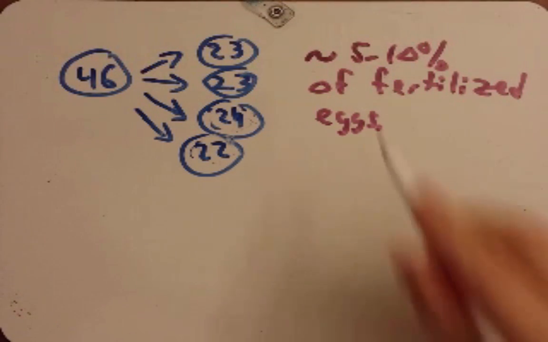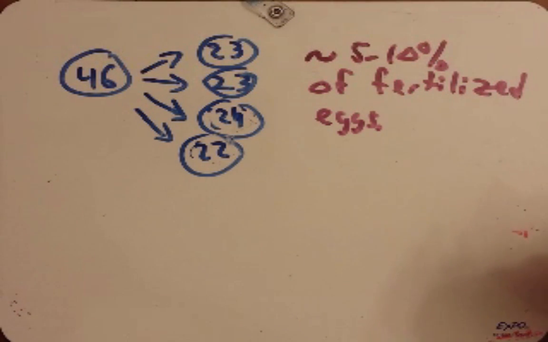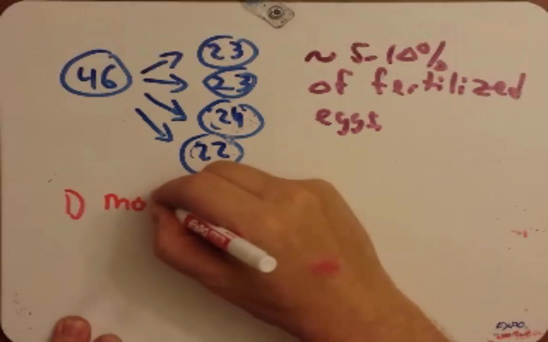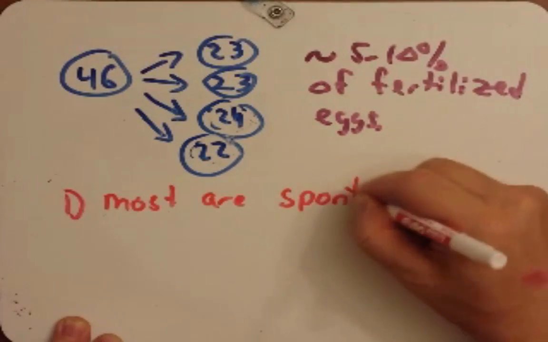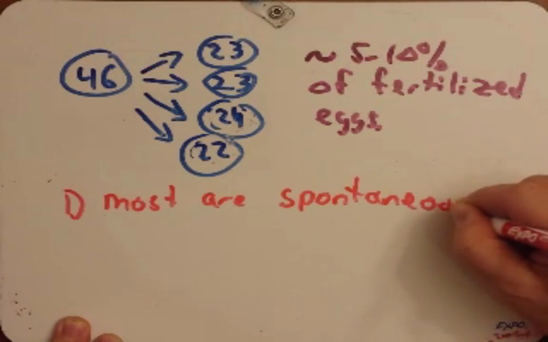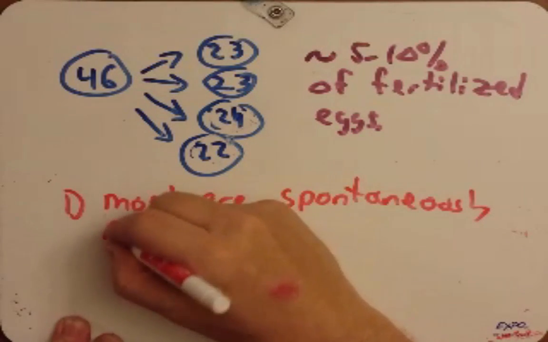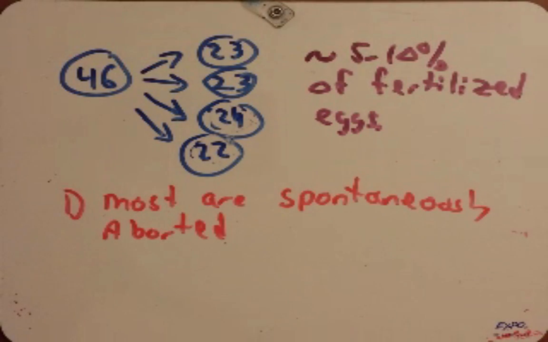So this is a pretty high number, 5 to 10%. So what happens to those aneuploids? Well, most are spontaneously aborted. Scientists will then study these aborted fetuses to make some predictions about fetal development.